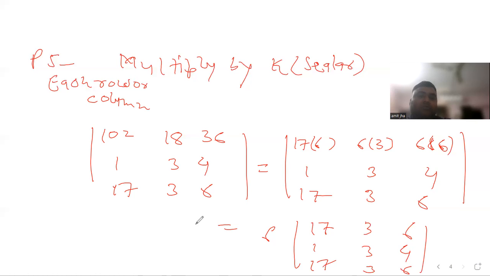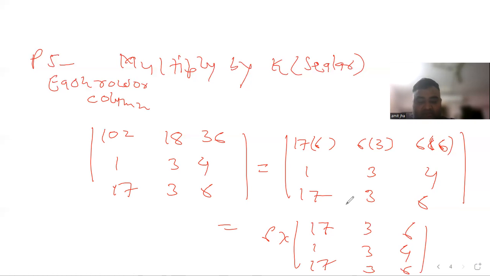For both determinants, you will get the same result. Technically, whatever value you get, if you multiply by 6, you will get the same result. This is my fifth property.